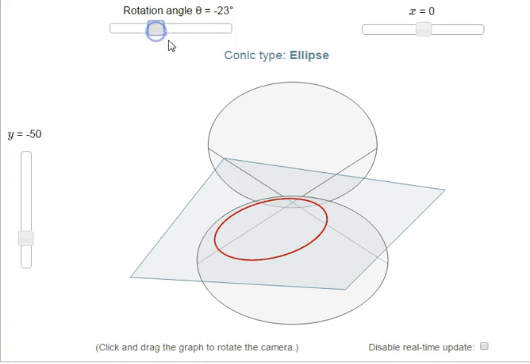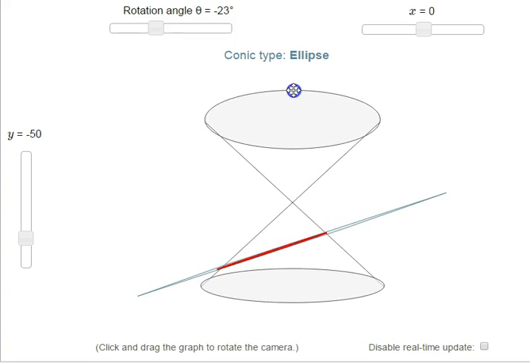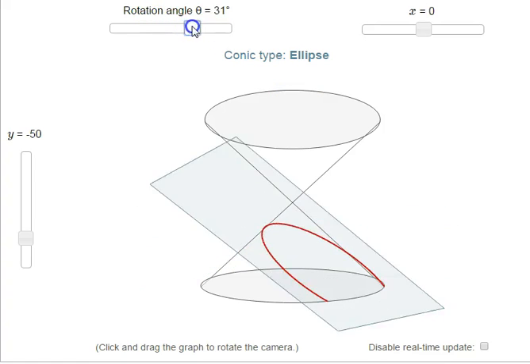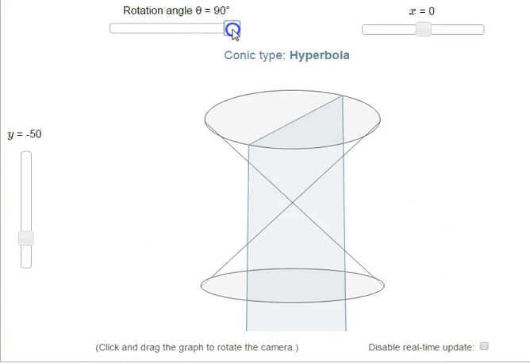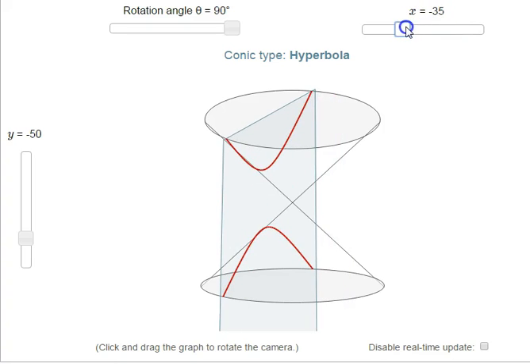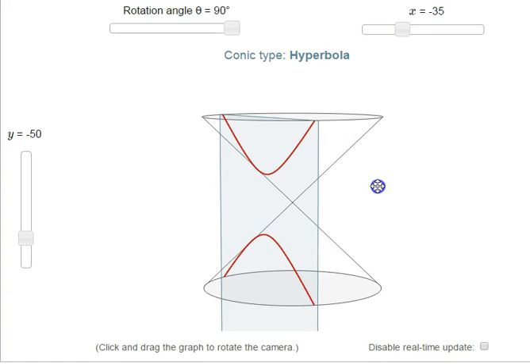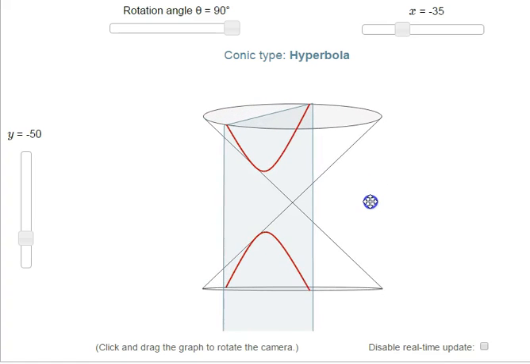Okay. Another thing that I can get is a hyperbola, and that comes from rotating to a 90 degree, and we'll slide it off of the center. This is a hyperbola. It almost looks like a parabola on the top and on the bottom, and so we're going to be learning about those.